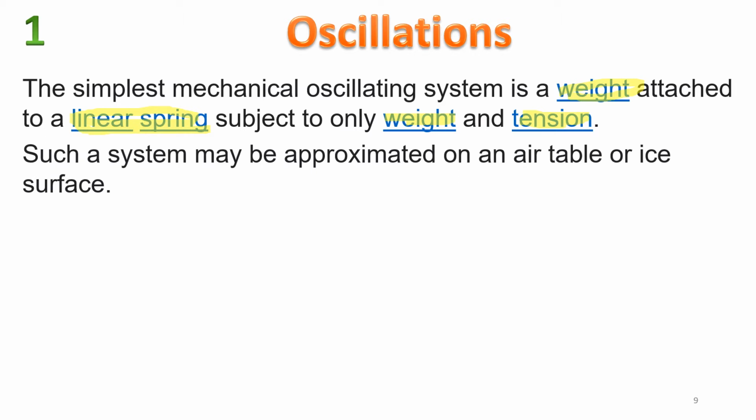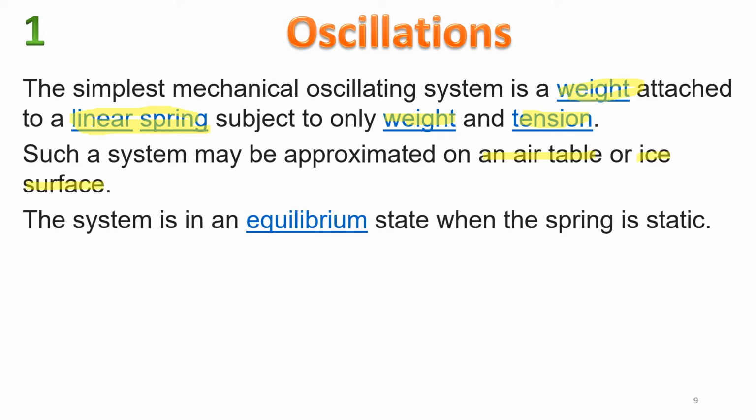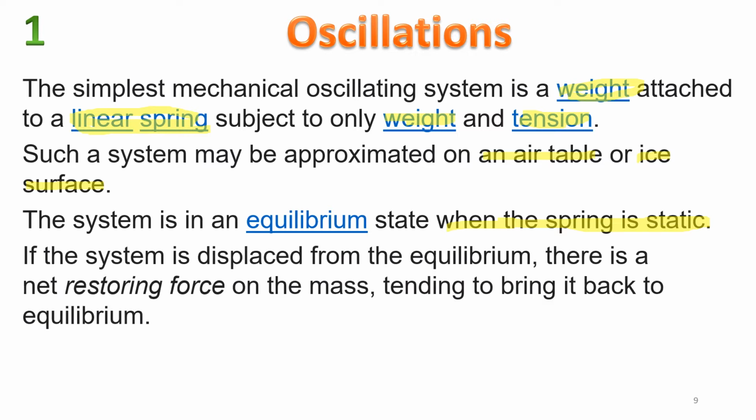Such a system may be approximated to an air table or ice surface. The system is in equilibrium when the spring is in static position, which we call the equilibrium position or mean position.